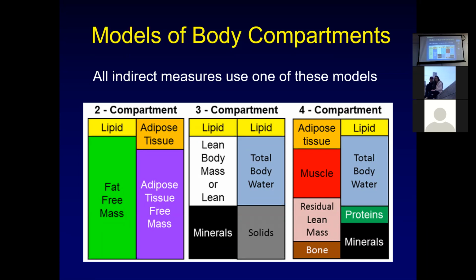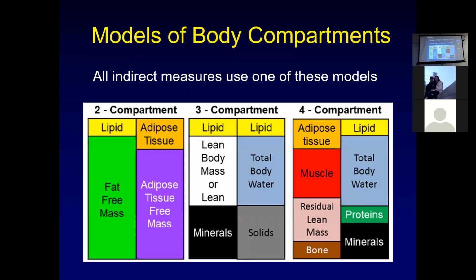In a 3-compartment model, we split the fat-free mass into what we call lean body mass or lean tissue, and then minerals from your bones. So you are still fat mass, then you have basically muscle mass, water, and some things that make up parts of your organs, and then mineral from bones. Okay, that's a 3-compartment model.